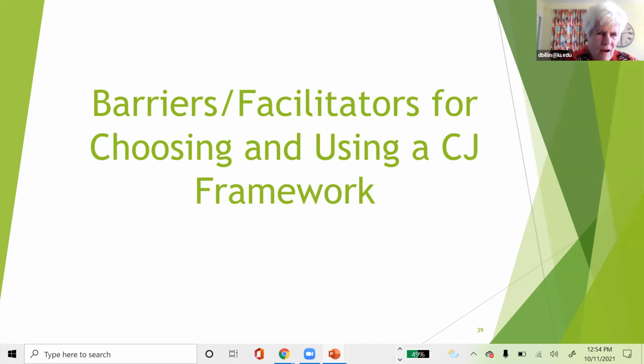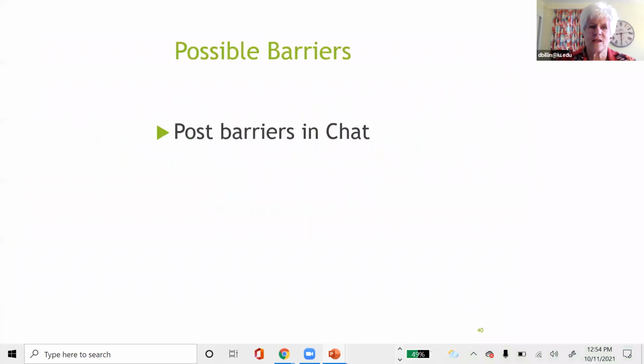So now I want to ask you, what barriers and facilitators do you need to anticipate as you're going through this process to get this integrated into your curriculum? So in the chat, let's first of all talk about some things that might happen as you're trying to get all the faculty on board, and then from there we'll talk about facilitators.